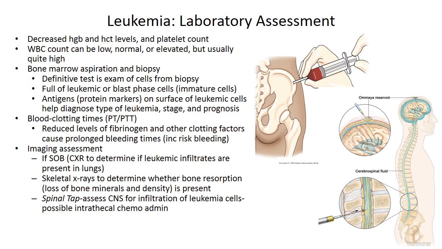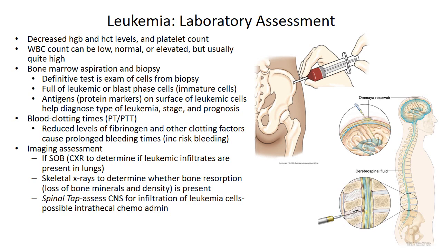When we take that biopsy, we will see the leukemic or blast phase cells, those immature cells, and we may also see antigens, which are protein markers that are present on the surface of leukemic cells. And those antigens actually help diagnose the type of leukemia, the stage of leukemia, and the prognosis. So it's important to know that bone marrow aspiration and biopsy are the definitive test for diagnosing leukemia.